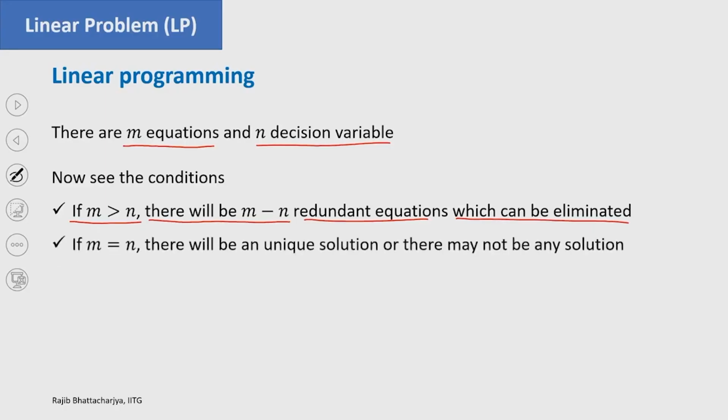Now, the second condition is that if m equals n, that means the number of equations is equal to the number of variables. In this case we may have a unique solution, or there may not be any solution.